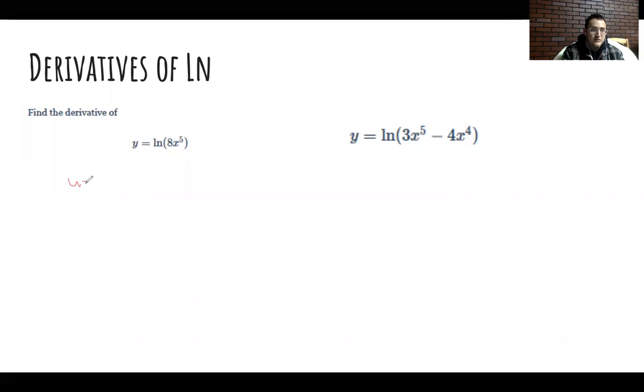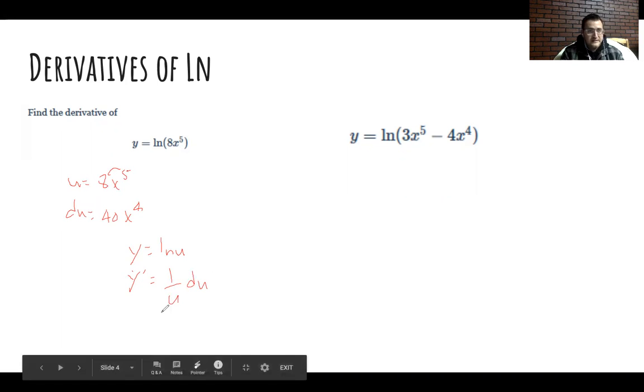My u is going to be 8x to the 5th, and my du is going to be 40x to the 4th. So my y is natural log of u, and then my y prime would be 1 over u du.